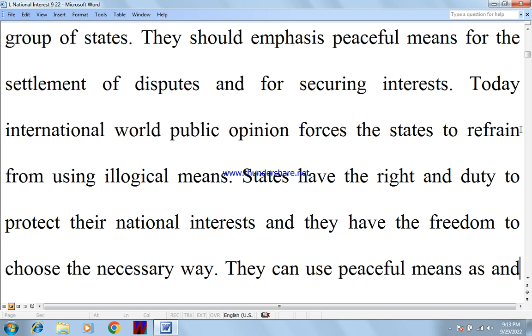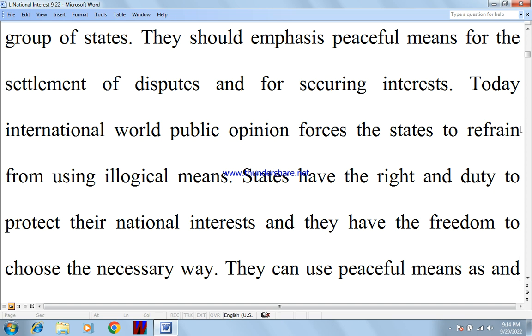They should emphasize peaceful means for the settlement of disputes and for securing interest. Today, in international world politics, world public opinion forces the states to refrain from using illogical means.